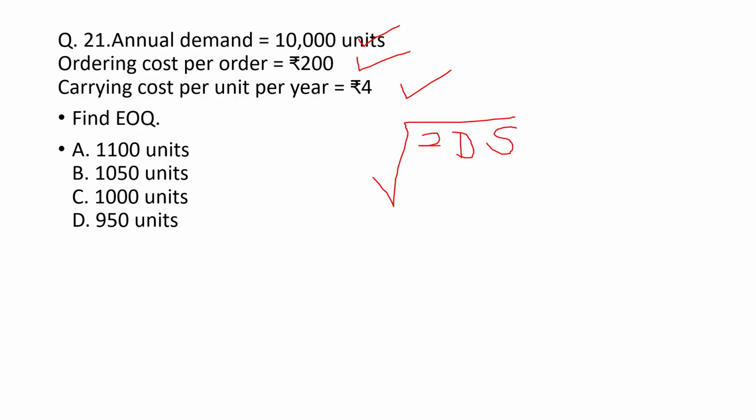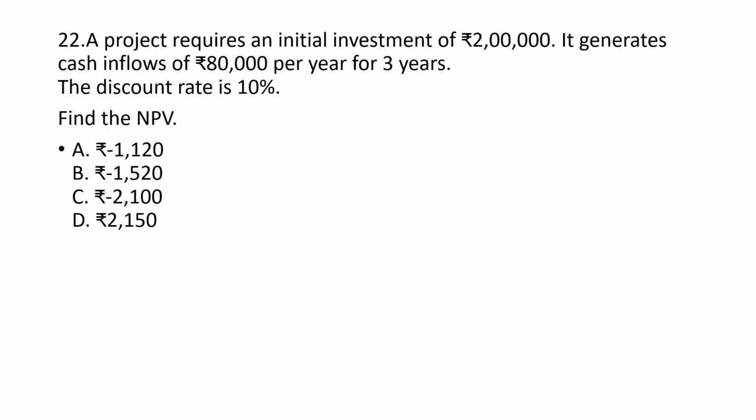S stands for ordering cost, which is also called setup cost. So that is why S. Divide it with H. That is your holding cost, which is also known as carrying cost. So using the data given to you in the question, in the formula, you will get your EOQ as option C, 1000 units.